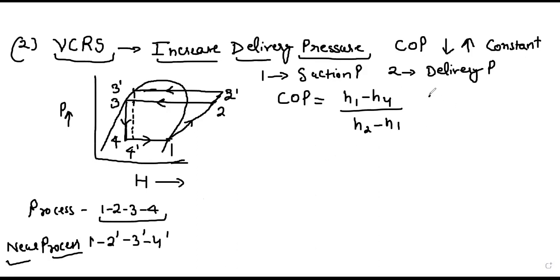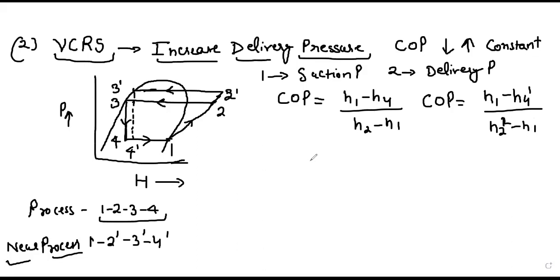Now, what is the COP of this new system? From 1 to 2 dash to 3 dash to 4 dash, it will be H1 minus H4 dash over the work input, which will be H2 dash minus H1. Okay.